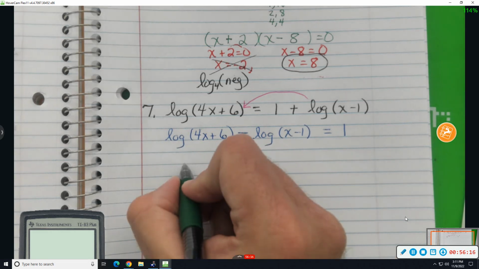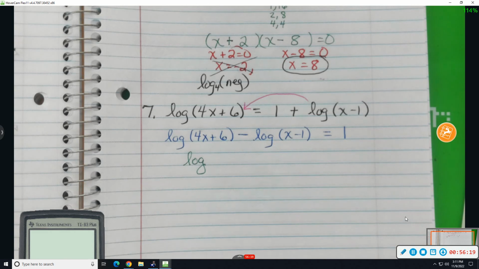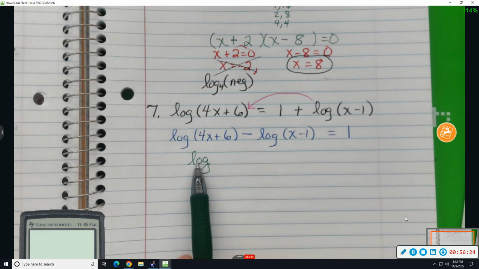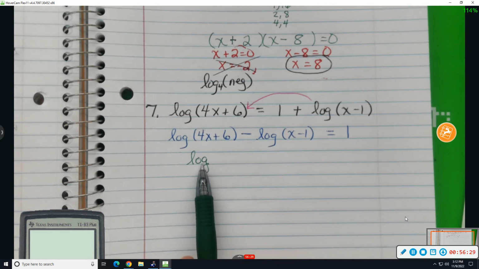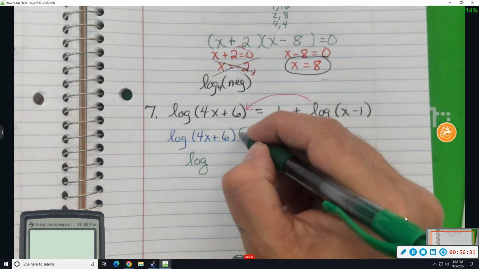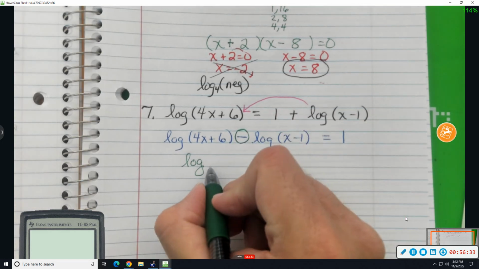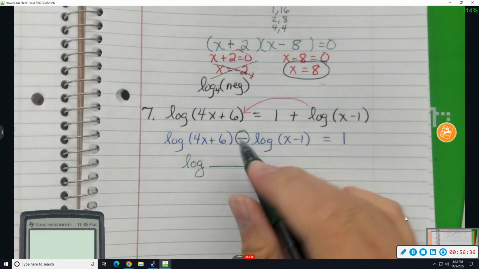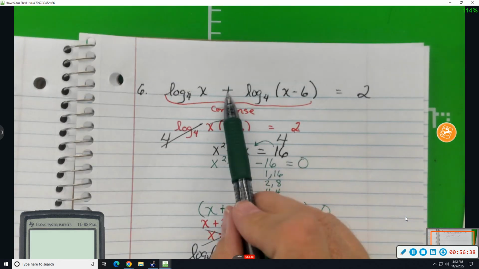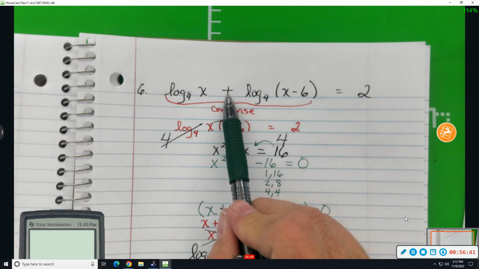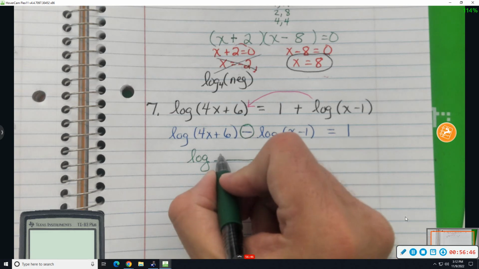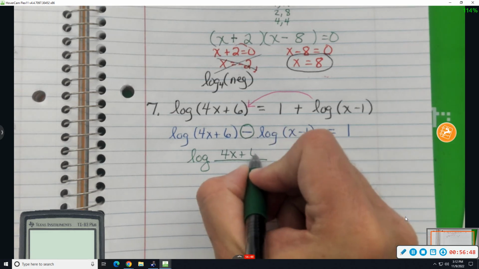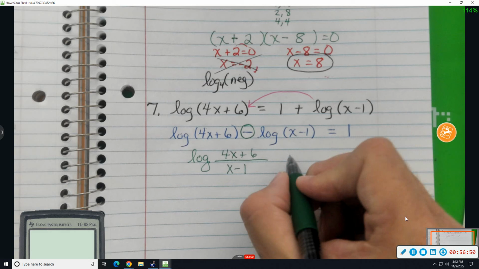You write log and ask yourself, okay, to write this as just one logarithm, will there be a fraction bar after the log? Yes, because of this minus right there. Like up here, if this had been a minus, there would be a fraction bar instead. So we have a 4x plus 6 that goes on top, and the x minus 1 on the bottom.